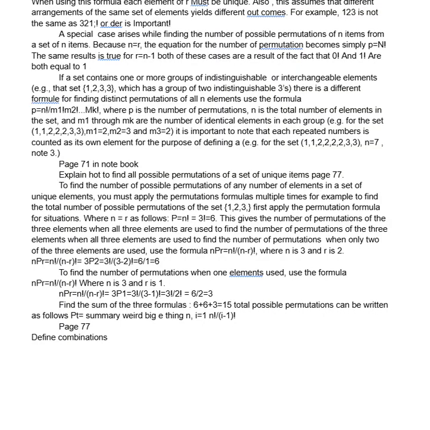For example, to find the total number of possible permutations of the set 1, 2, 3, first apply the permutation formula for situations where n equals r as follows: P equals n factorial equals 3 factorial equals 6.